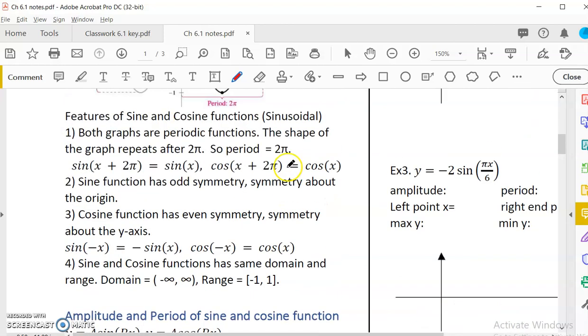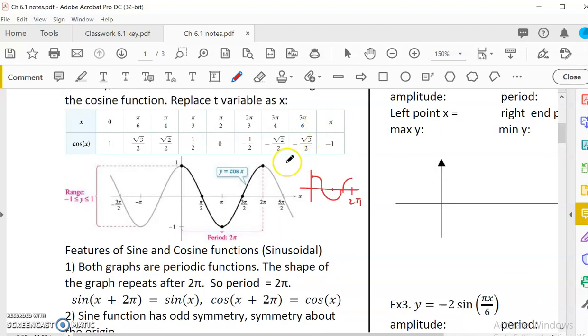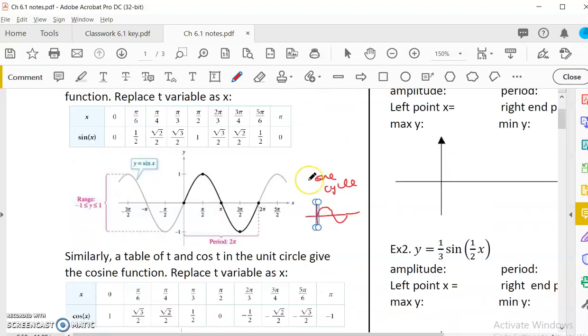Maybe I will talk about the 5 key points of the sine function. What are the 5 key points? 5 key points would be this point, this point, this point, this point, this point. So let's actually record it.